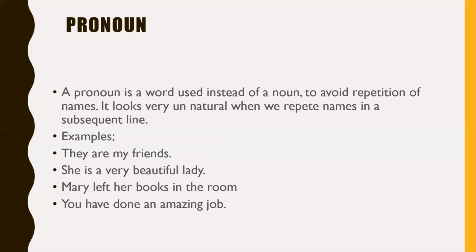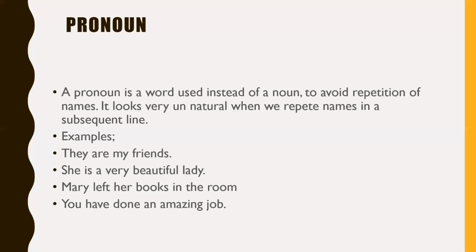Some are used as subject, some are used as object, and some are used as possessive pronouns. Like in the example, Mary left her books in the room. Now, her here is a possessive pronoun. They is a subjective pronoun, and you, she, they, all these are subjective pronouns.